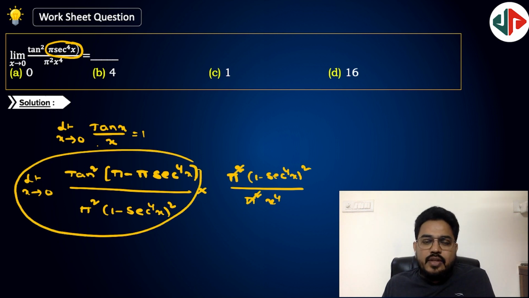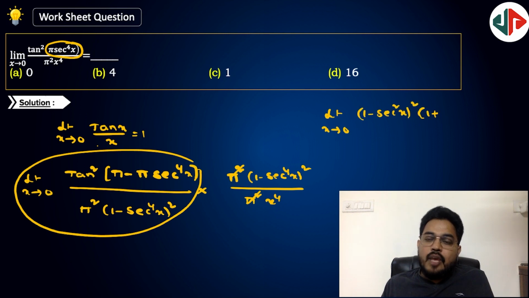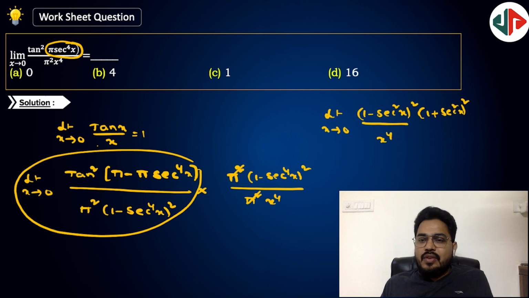Now you need to look at this portion. This is limit x tending to 0 of 1 minus secant square x whole square into 1 plus secant square x whole square by x power 4. Look at this value as x tends to 0: this value will be equal to 4.